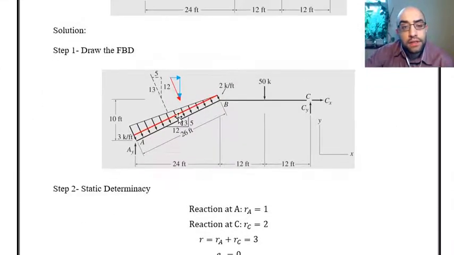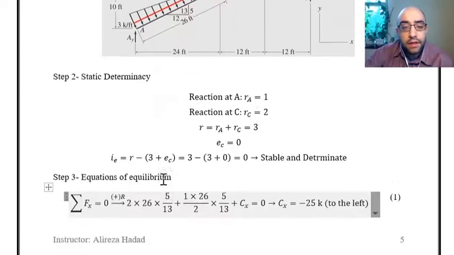Over here, you can see the moment that this force creates about point A is clockwise, right? It is in this direction. And thus, we can say this value is clockwise and negative.